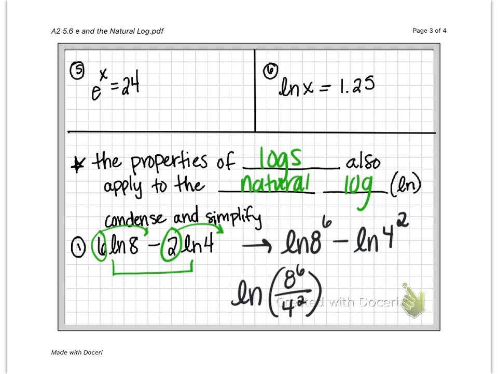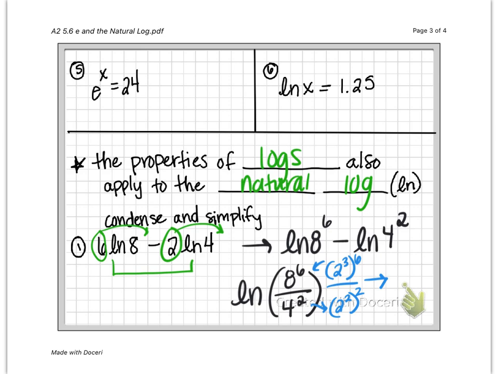This is going back to our exponents. We want to get these to have the same base so that we can get this completely simplified. So how could we rewrite 8? What should our same base be of both of these? 2. Let's rewrite 8 as 2 to the 3rd, to the 6th. And 4 would be 2 squared, to the 2nd.